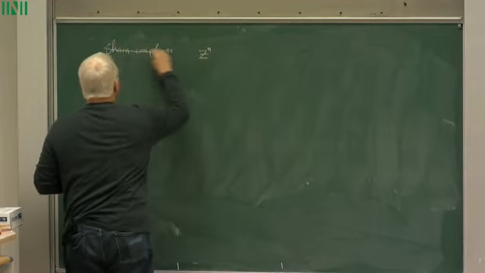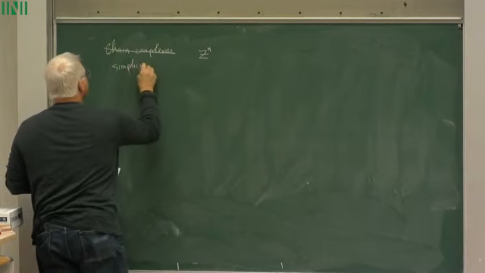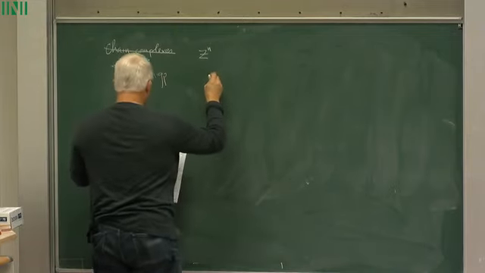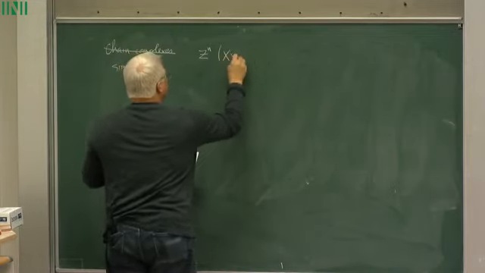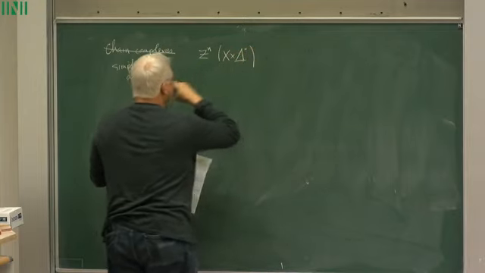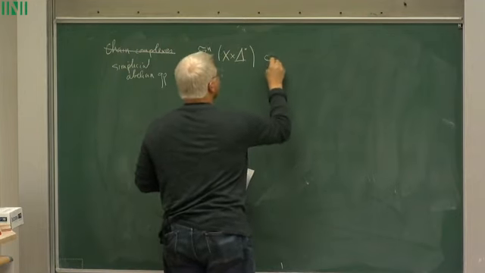So instead of talking about chain complexes, I want to talk about a simplicial abelian group, Z^n of X cross delta dot. I'm going to put a little tilde on there.